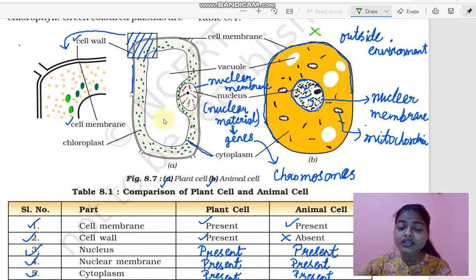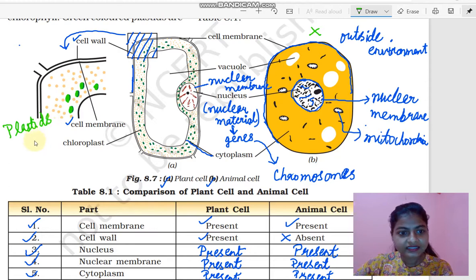Why? Because plants have the capacity to produce their own food by using sunlight and carbon dioxide with the help of chlorophyll. This chlorophyll is present only in plant cells, not in animal cell, and it is present in the structures called plastids.